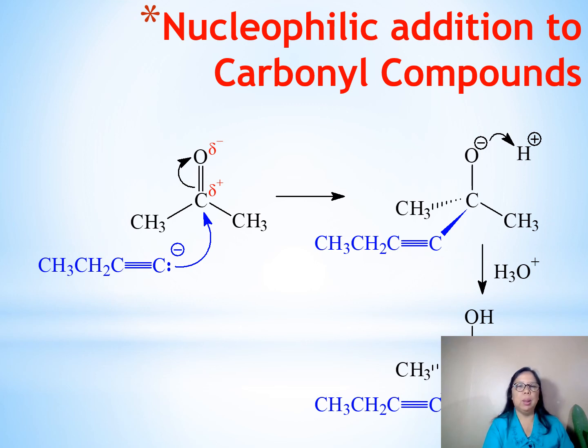It will attack, but with its entry, the C double bond O becomes a single bond, and eventually it reacts with hydrogen, so this becomes OH. That stays there. So in nucleophilic addition, the triple bond serves as a nucleophile entering the primary carbon containing the double bond, making the double bond O into a single bond OH.